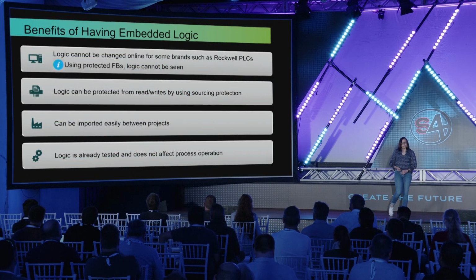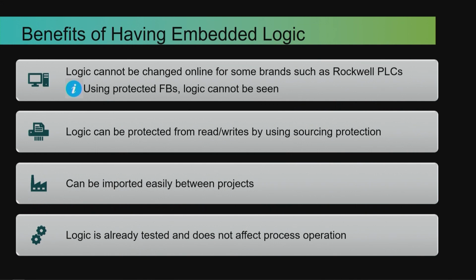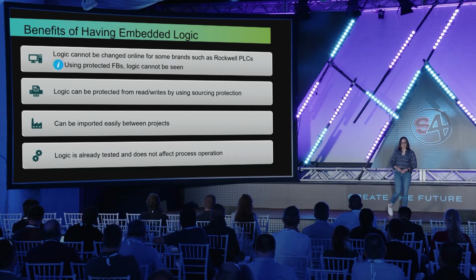So why do we have embedded logic and why do we use it? Normally, as automation engineers, we are not creating the logic all the time. We actually create libraries, use them, and just improve the logic that we have. In Rockwell, the main thing is that you cannot change the AOIs when you are running online.